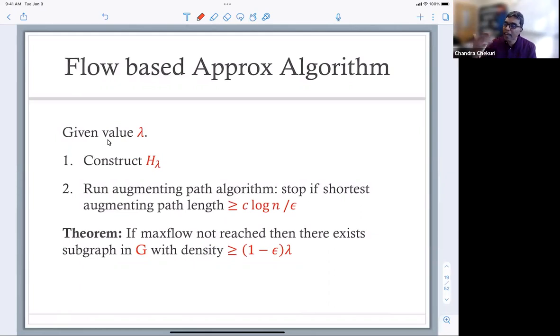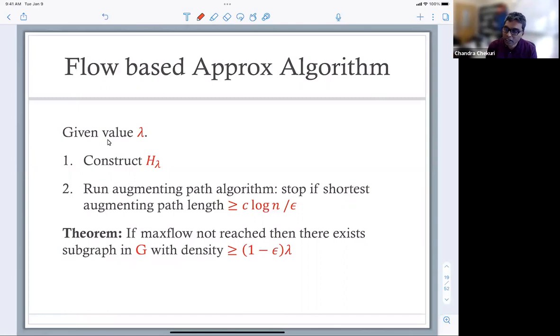This is some analog of that in the density sense, but the augmenting path length has to be about log n over epsilon, not 1 over epsilon. It is sufficient to make it sufficiently long that then you'll get a good approximation to what you want. So that's one result. I'm not going to go into the details because it takes some time, but it's a structural result about short augmenting paths giving good approximation.